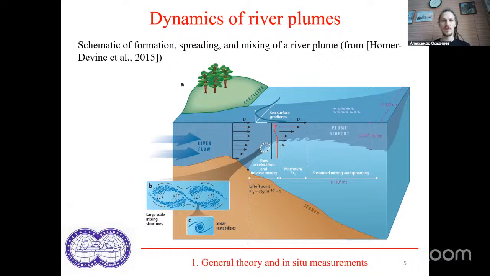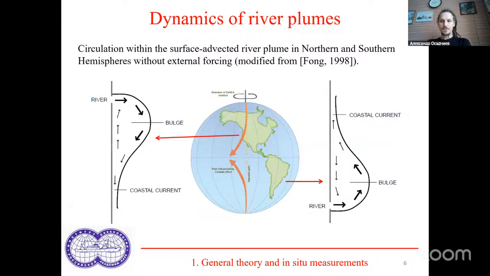Here is a principal scheme of formation of a river plume after the river flow exits the estuary. Actually, wind forcing is the most important forcing which affects a river plume, surprisingly, not marine currents, but wind. But we'll speak about that a little bit later.